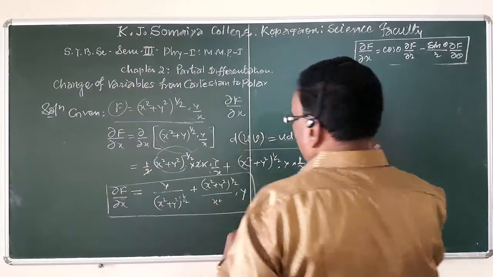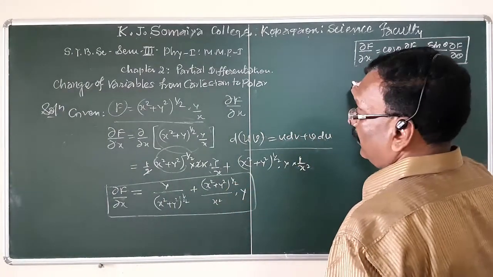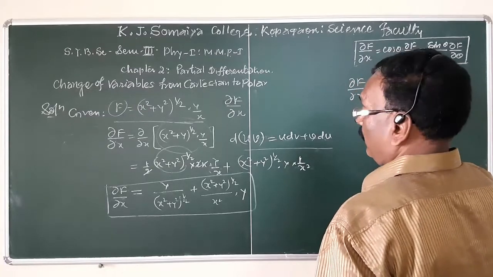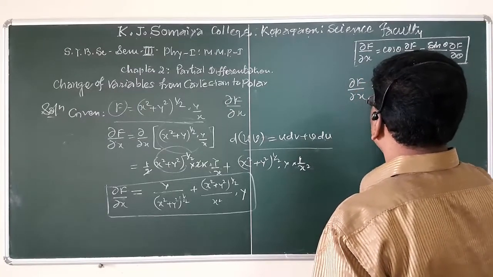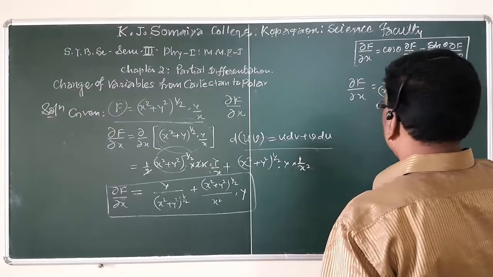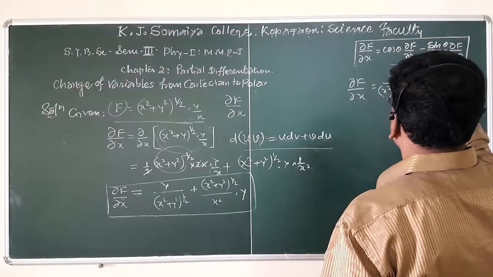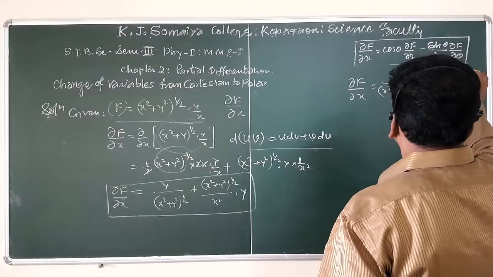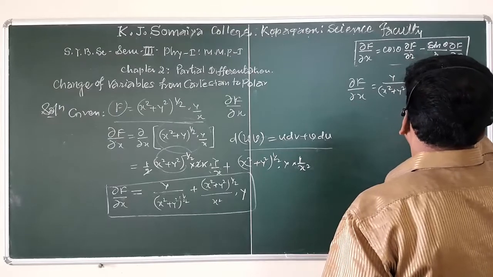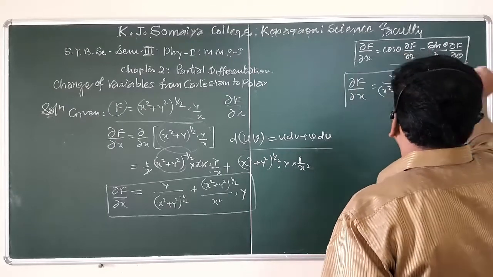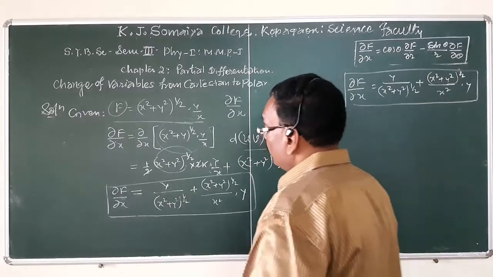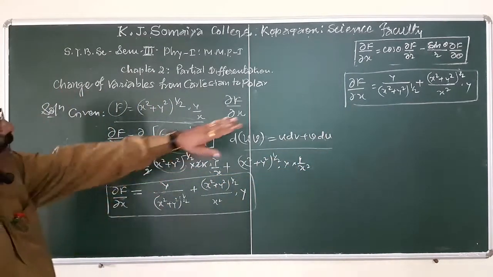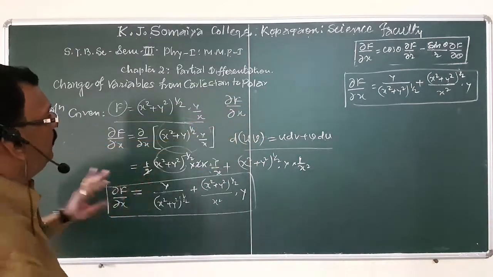Due to lack of space, I am going to write here: del f by del x is equal to y upon (x square plus y square) bracket to the power 1/2, plus (x square plus y square) bracket to the power 1/2 upon x square into y. This is obtained by the direct method, and now we are going to obtain the same result by changing variable.